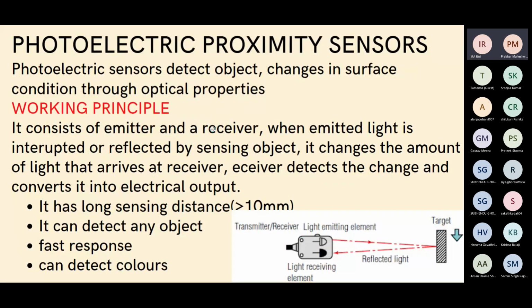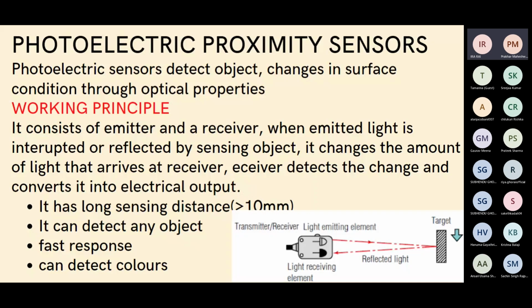So next we have photoelectric proximity sensors. They have almost the same working principle as acoustic sensors. They are useful in detecting objects and change in surface conditions also through optical properties. Their working principle involves an emitter and a receiver.